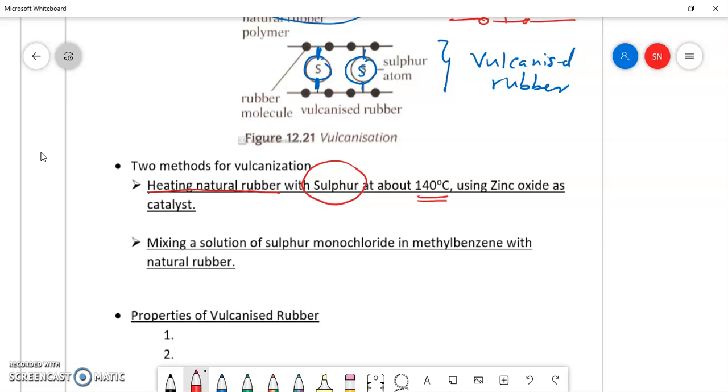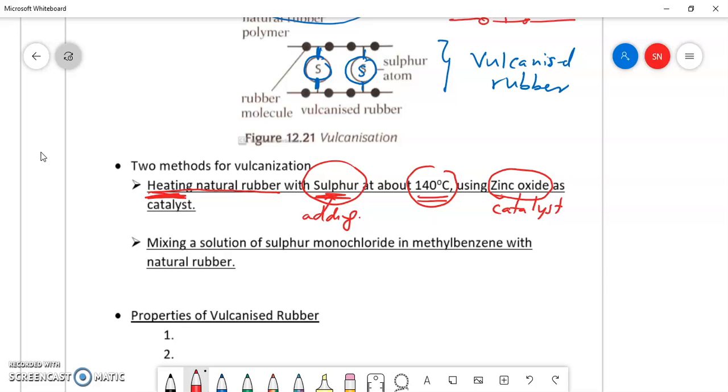The catalyst used is zinc oxide. You are adding or doping sulfur into the rubber structure, and you need to remember the temperature. So heating with sulfur is the first method.